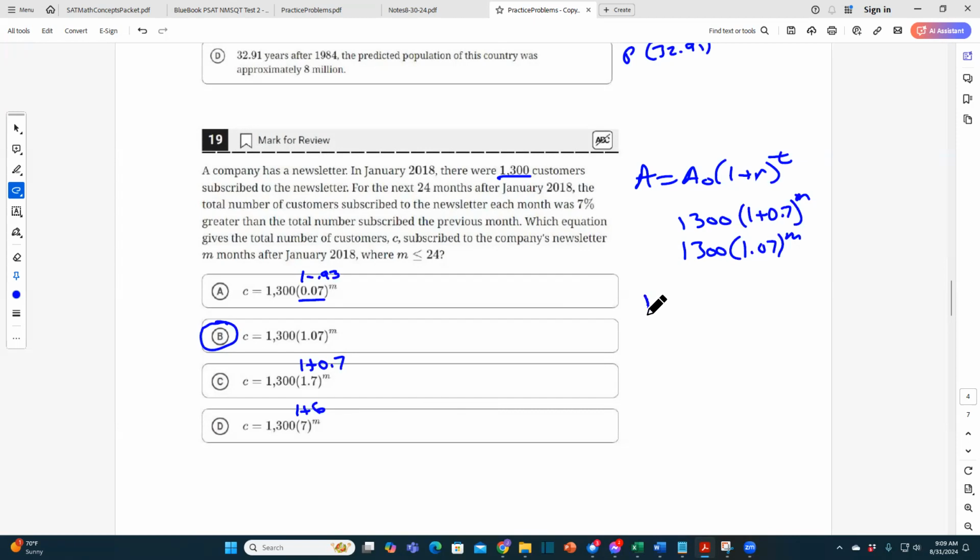So you could have said, after 1 month, we're going to add 7% to that. That would give us 1391. So after 1 month, it'll be 1391. So you could plug in m to the answer choices and see which one gave you 1391. That's another way to do it.